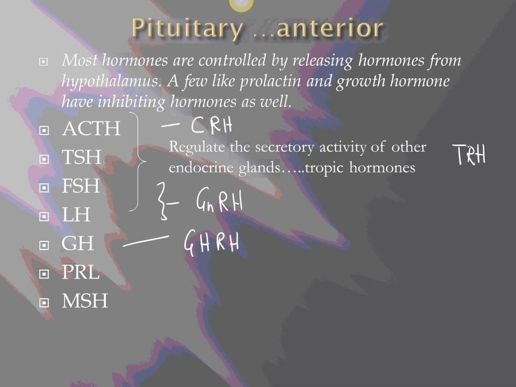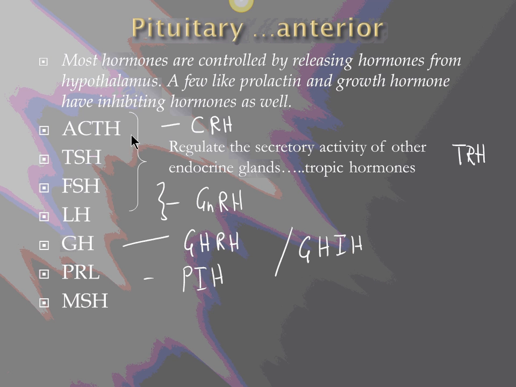So these were the releasing hormones. Growth hormone also has growth hormone inhibiting hormone, and prolactin has prolactin inhibiting hormone. These come from the hypothalamus and travel to the anterior pituitary. The releasing hormones will cause release of these various hormones. The inhibiting hormones will prevent release of growth hormone or prolactin.